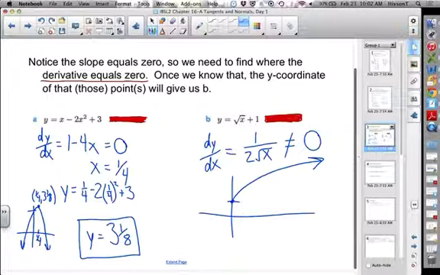So this was y. If I'm sketching my dy dx, it's going to look like this.